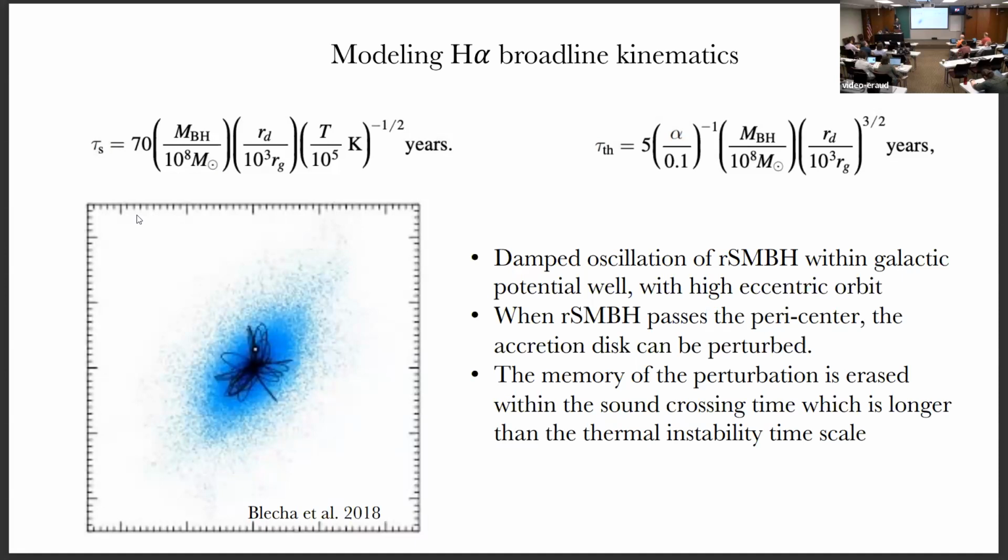If the disk is perturbed, we need a long time scale to erase the memory of the perturbation, which is related to the sound crossing time across the accretion disk scale. That sound crossing time is about tens of years, roughly 70, which is significantly larger than the thermal instability time scale. So we are thinking whether that scenario might explain 40 years of variation in Markarian 1018, which is clearly larger than the year time scale of thermal fluctuation.